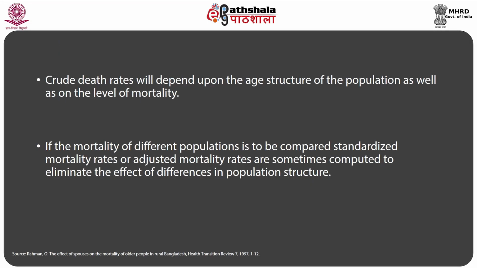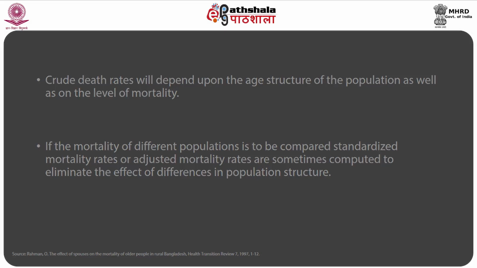Crude death rate will depend upon the age structure of population as well as on the level of mortality. If the mortality of different populations is to be compared, standardized mortality rates or adjusted mortality rates are sometimes computed to eliminate the effect of difference in population structure.